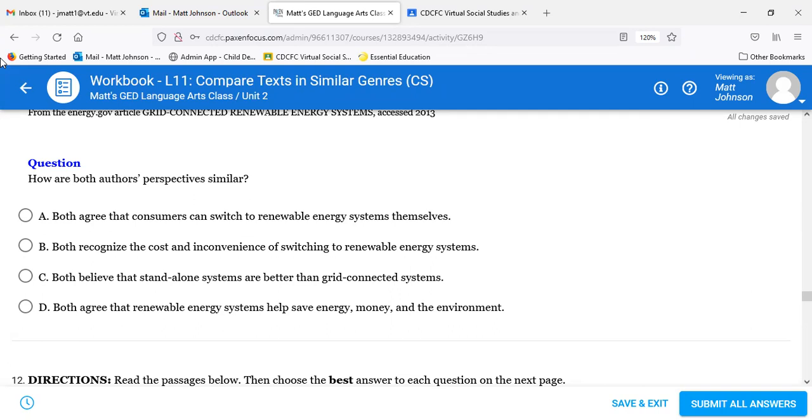B, both recognize the cost and inconvenience of switching to renewable energy systems. C, both believe that standalone systems are better than grid-connected systems. D, both agree that renewable energy systems help save energy, money, and the environment.